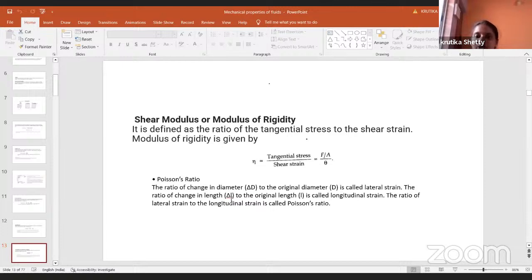Then the ratio of change in length to the original length ಅನ್ನ longitudinal strain. ಇದೆರಡರದ್ದು ನೀವು ರೇಷಿಯೋ ತಗೊಂಡ್ರೆ, that is lateral strain to the longitudinal strain is called as what? Poisson's ratio. Again, it is a unitless and dimensionless quantity. Okay, I hope the synopsis part is clear to you.